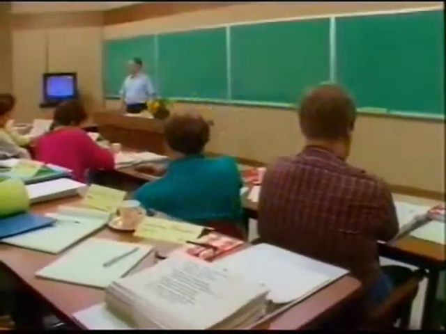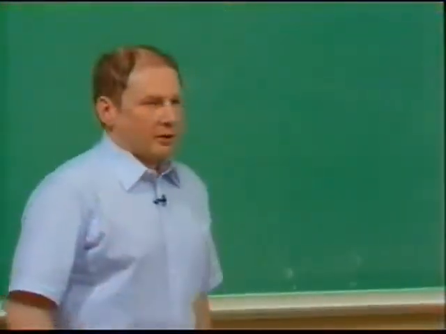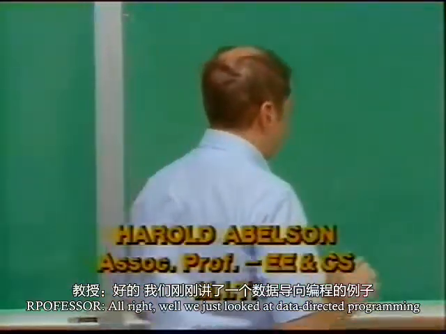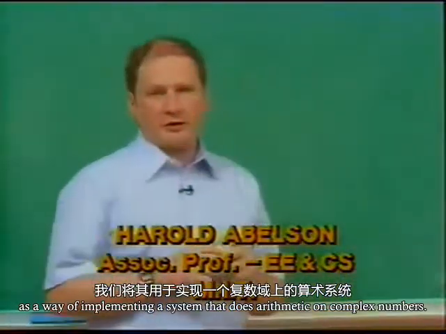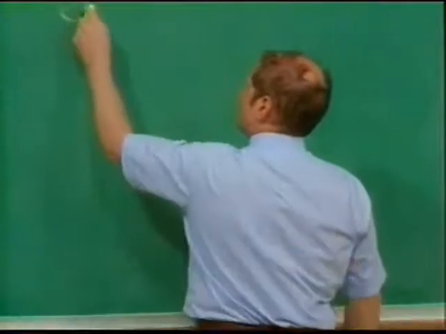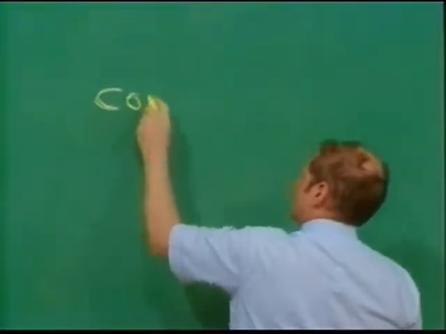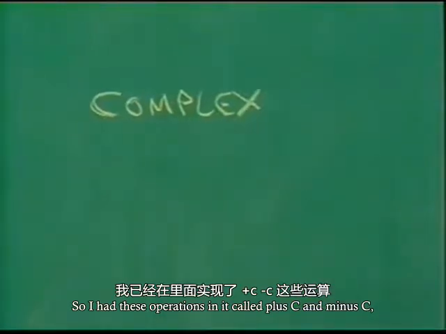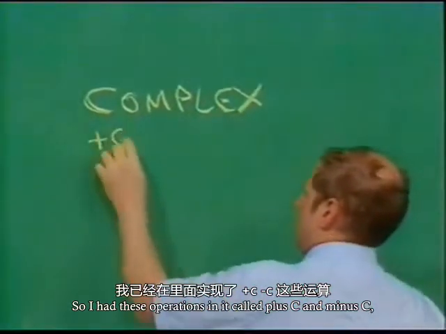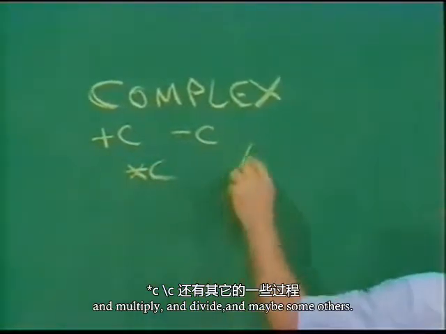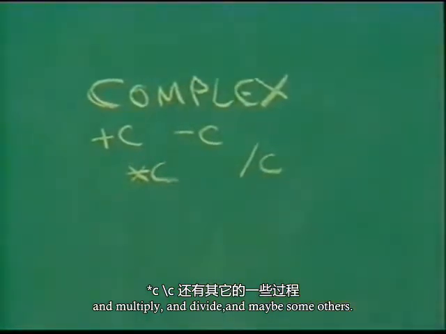All right, well, we just looked at data-directed programming as a way of implementing a system that does arithmetic on complex numbers. So it had these operations in it called plus C and minus C and multiply and divide, and maybe some others.